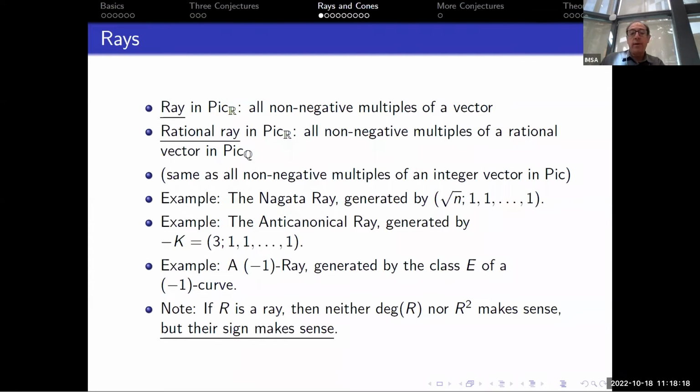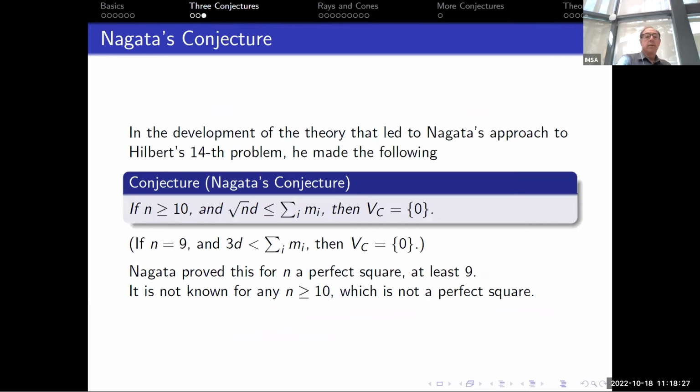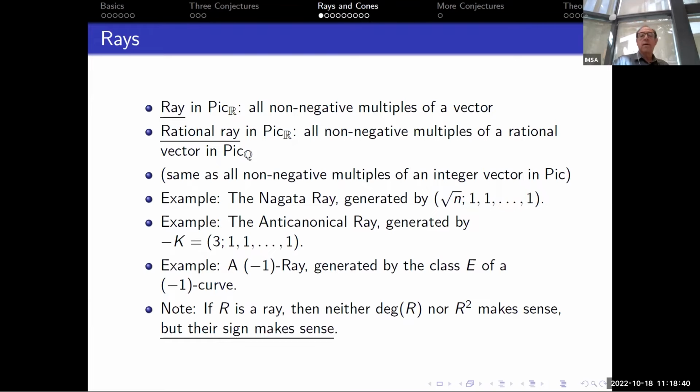If you take the intersection with the Nagata ray, that's exactly the condition that the square root of n times the degree is less than or equal to the sum of the multiplicities. That's exactly saying that the intersection with the Nagata ray is less than or equal to 0. The Nagata ray is the square root of n, 1, 1, 1 point. That's for n not a square. This is an irrational ray.